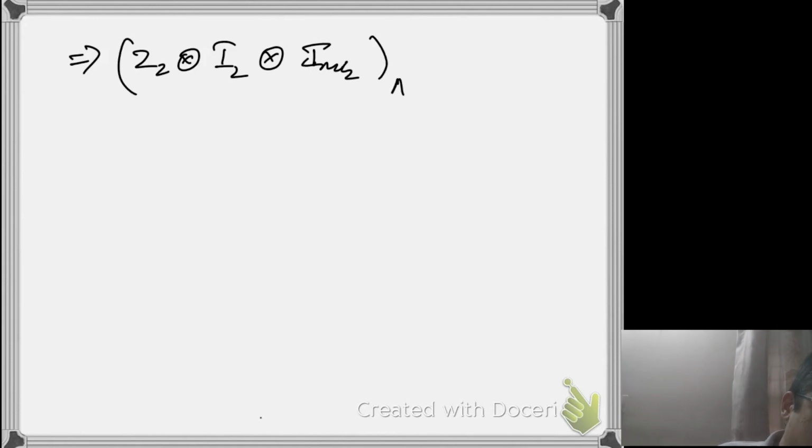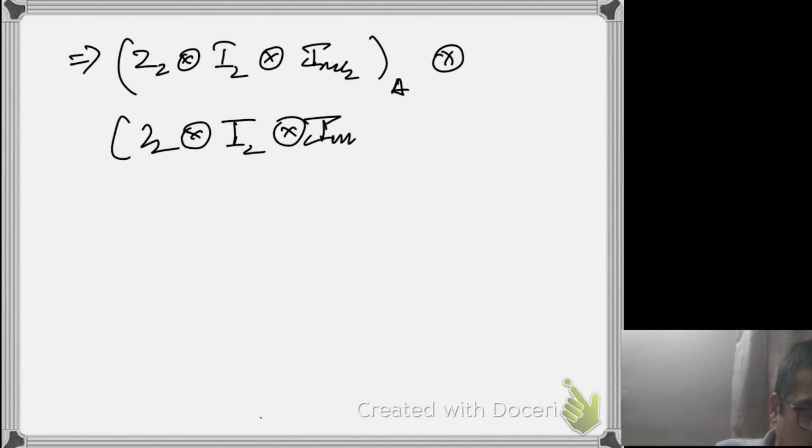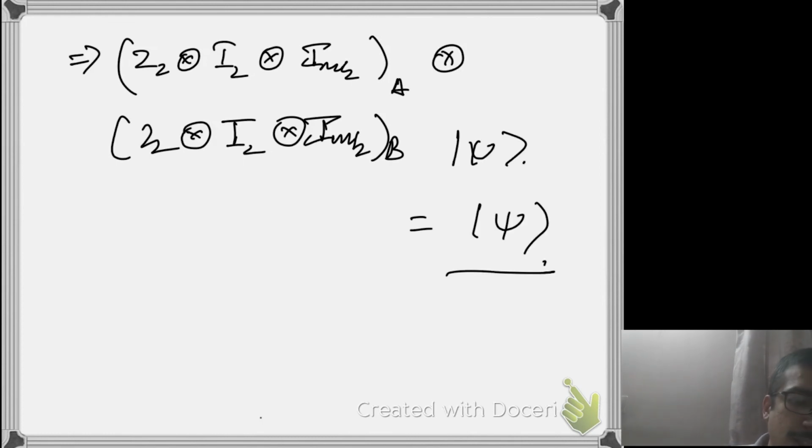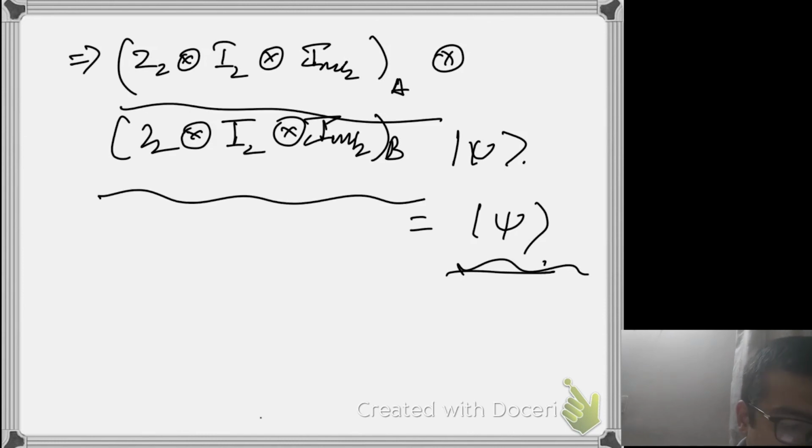So Z2 tensor I2 tensor I of dimension M/2 on Alice, tensored with Z2 tensor I2 tensor I of dimension M/2 for Bob, acting on ket psi must be equal to ket psi. So this means that ket psi is invariant under Z tensor I tensor Z tensor I, right?